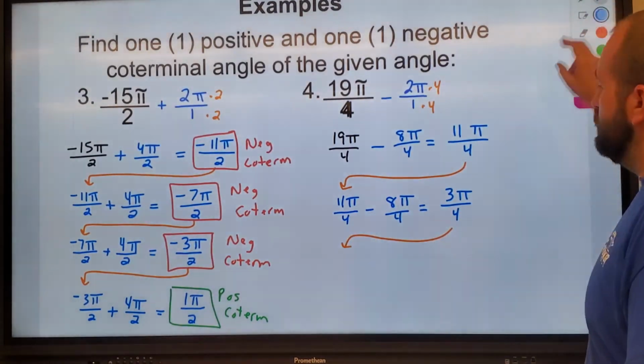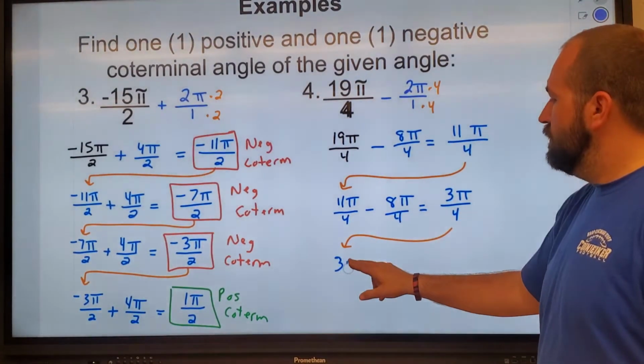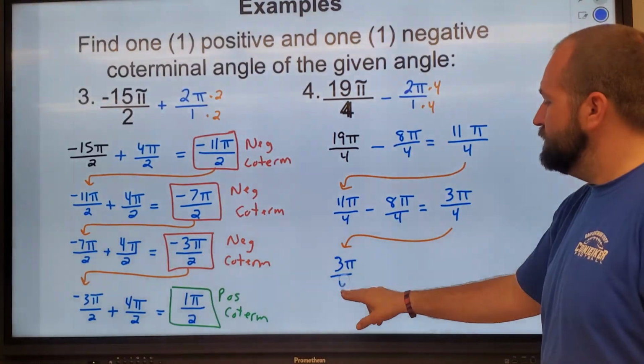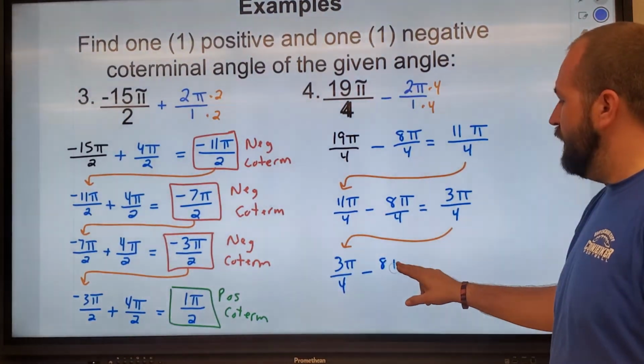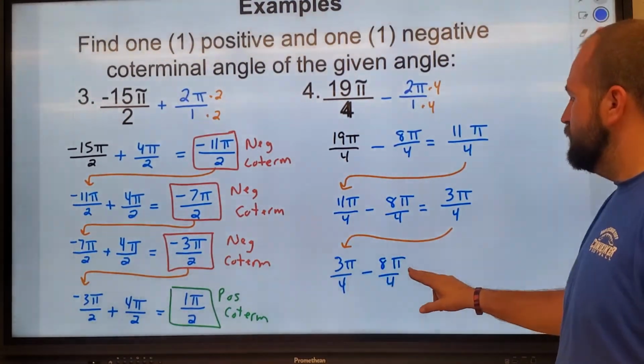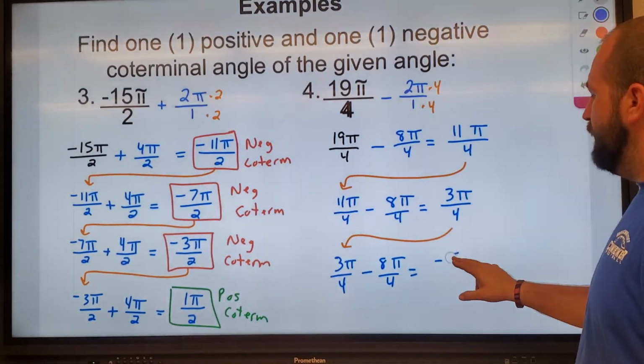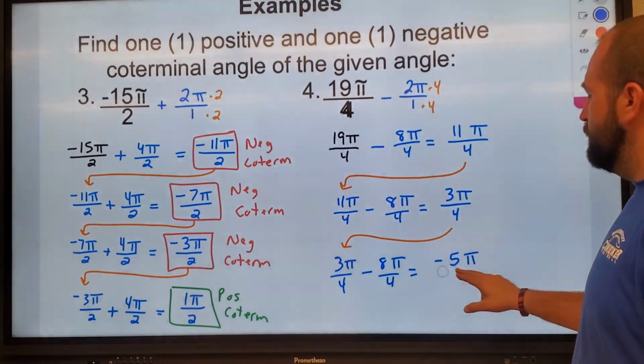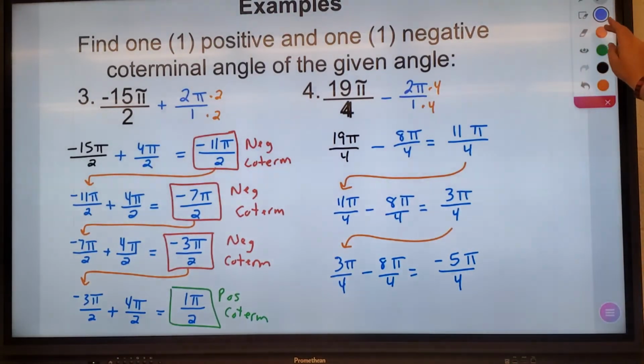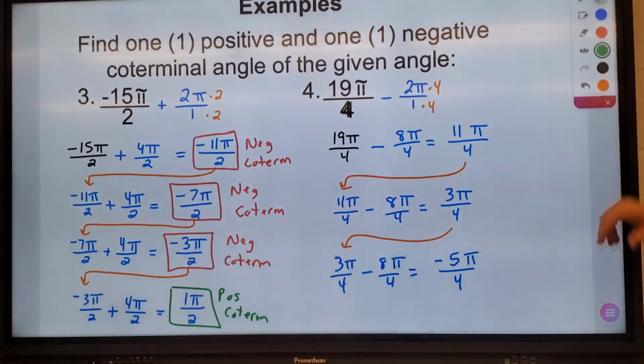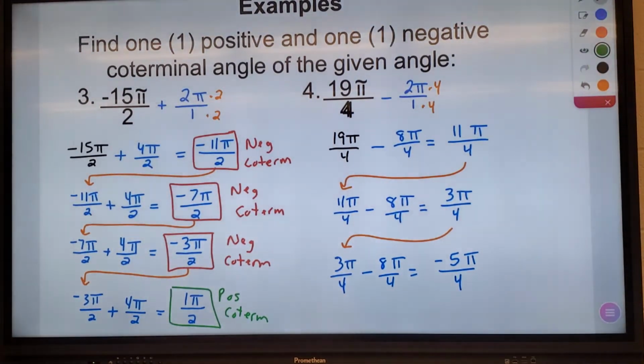Continue one more time. We get 3 pi over 4 minus the 8 pi over 4, which gives me now negative 5 pi over 4. Now that I have positive and negative output values, I have one of each at least.